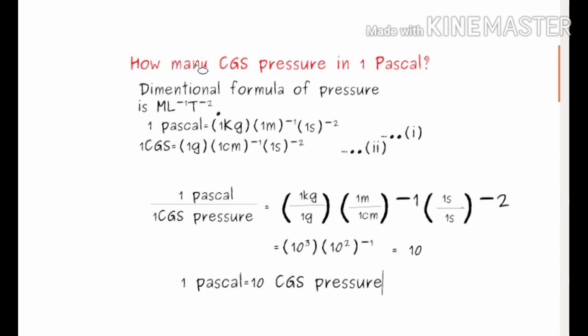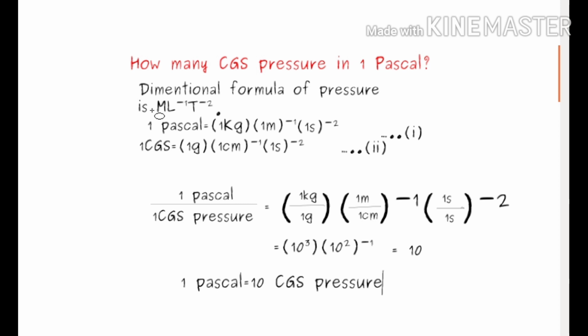Before we proceed, let us check what pressure is. Pressure is force upon area. So now you are able to calculate the dimensional formula. I wrote here the dimensional formula of pressure. The first step is to write the dimensional formula.